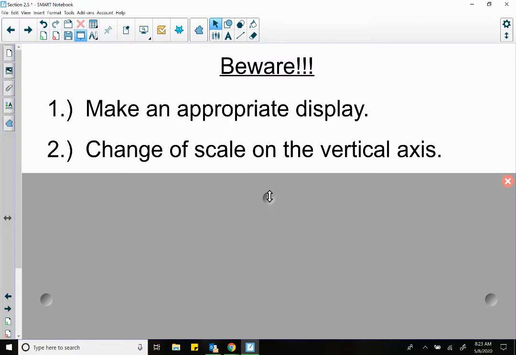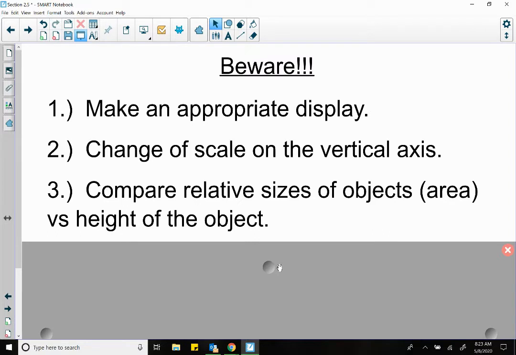And then finally, sometimes when it comes to categorical data, they will compare the relative size of objects versus the height of the object. You'll see it soon enough. One piece I saw was a television. This was an example in college mathematics. They had a big television, and then as it went throughout the years, the television got smaller and smaller and smaller.